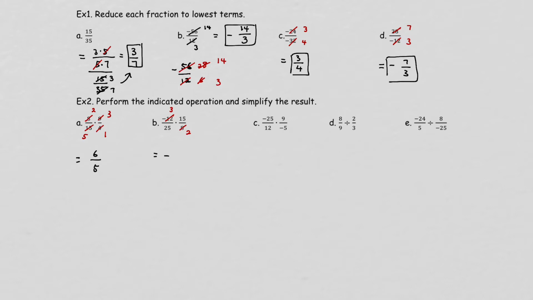And then you see 5 goes into 25 5 times, and 5 goes into 15 3 times. Numerator, you have 3 times 3, which is 9. Denominator, 5 times 2, 10. Right? What about this one? Your solution will be positive, right? And then start reducing once you know the sign, right?